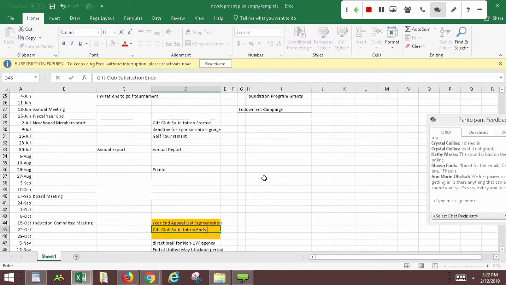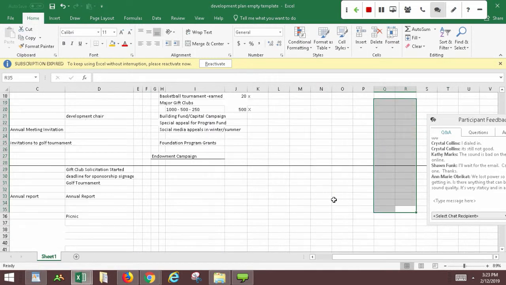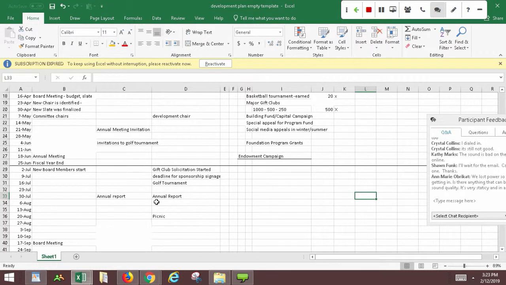So this is where we start with new board members starting in July. They show up at an annual meeting, and they get their board packets. And a lot of them are going to bring their check for that, as we talked about up here, for that $1,000 or $500 or $250 contribution at that time.